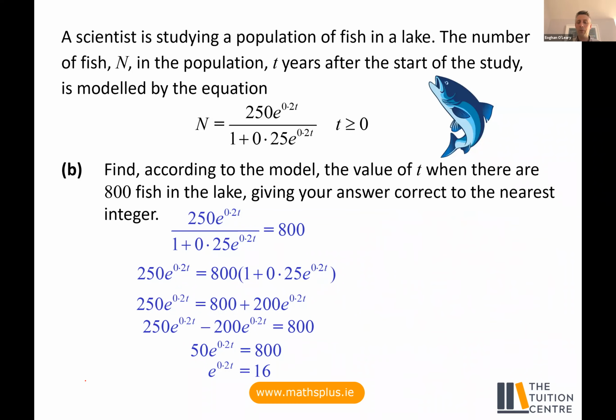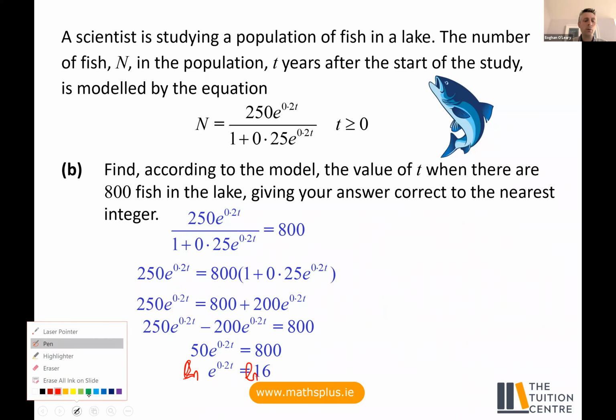But I know possibly the majority of people still would do it this way, where they would take ln, the natural log of both sides. And what you have then is, ln is log to the base e. So you have the log of e to the power 0.2t to the base e. When you have one power raised to another power, you can bring the power to the front.